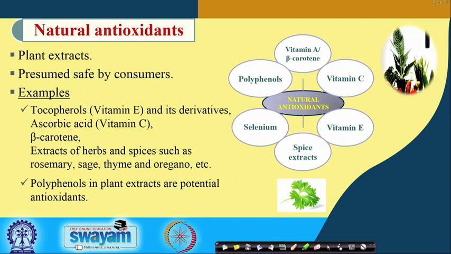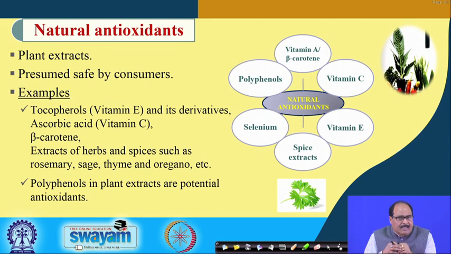So, nowadays there is a trend towards the use of natural antioxidants in place of synthetic antioxidants, and the majority of these natural antioxidants are generally plant extracts, for example, tocopherols. They are present in oil seeds, and are also known as vitamin E. So, tocopherol and its derivatives are examples of natural antioxidants.